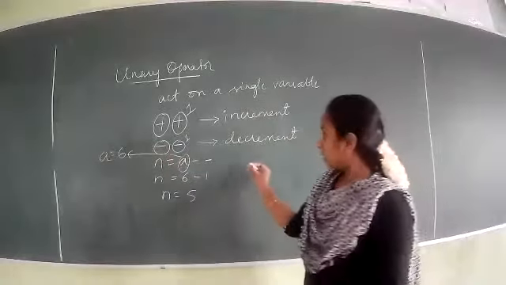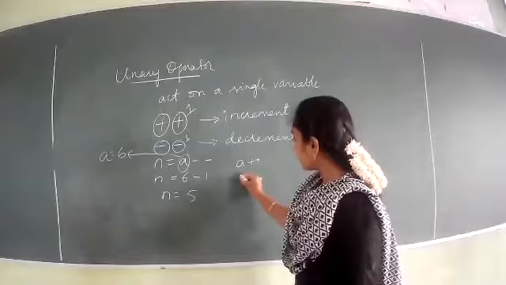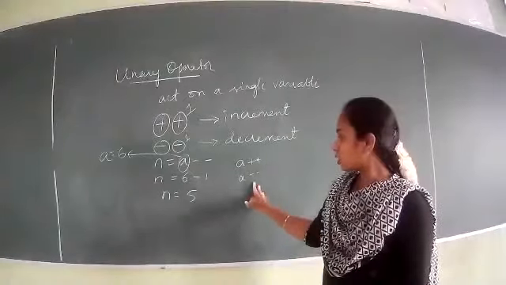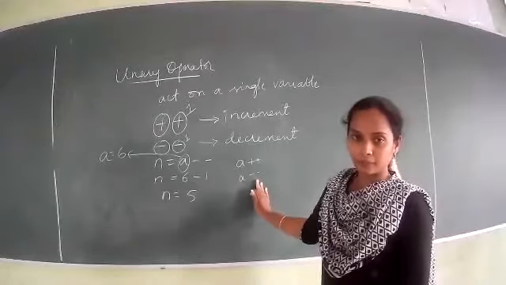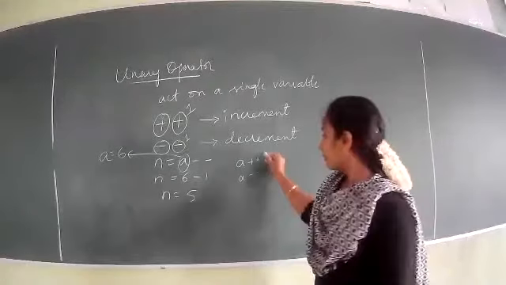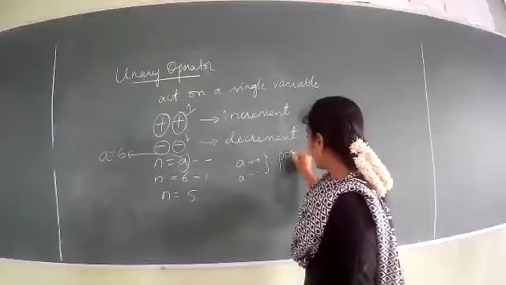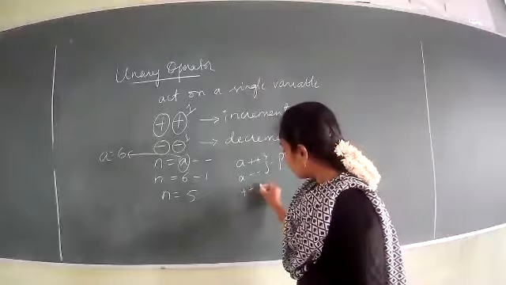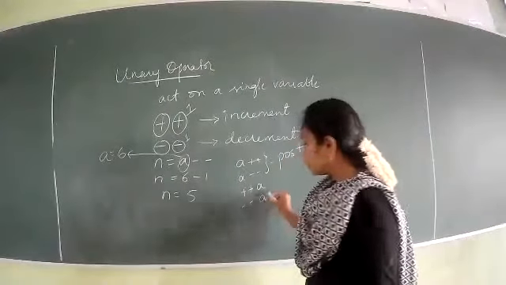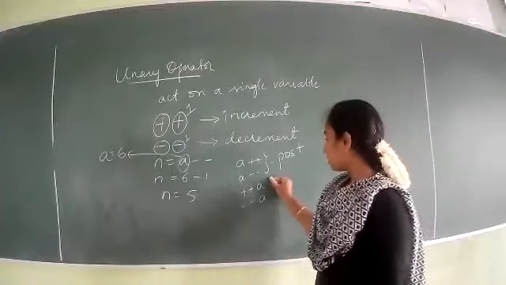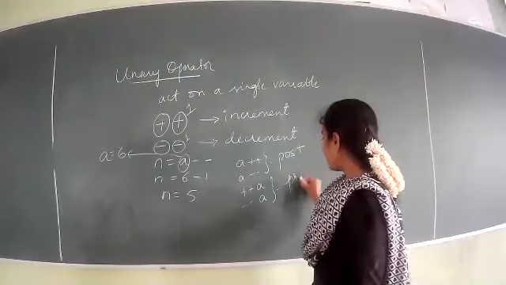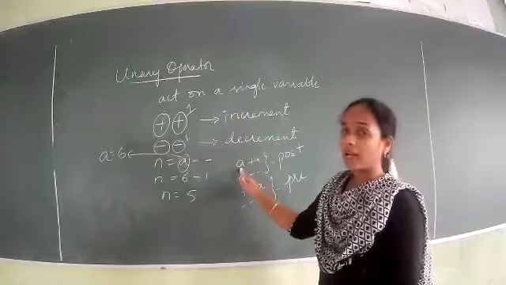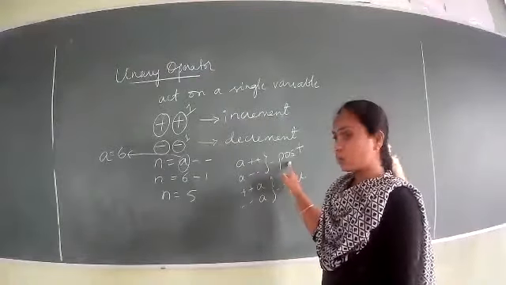Suppose now I have written it in this manner. You can see the example that I have written. So this is called post increment. Remember this, if the operators are after the variable, it is called post increment or decrement.